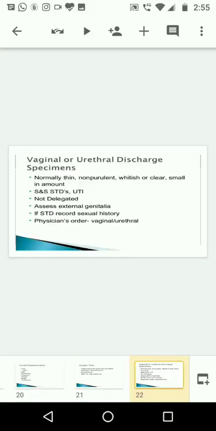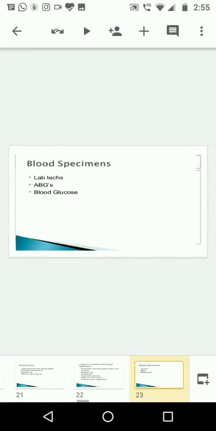If the client normally has a thin, non-purulent, whitish clear or small amount of discharge, and if the patient has any STDs or UTIs, or you have to assess the external genitalia, or if the patient has any history of sexually transmitted disease, or if there is any physician order, then at that time you can take a vaginal or urethral discharge specimen.